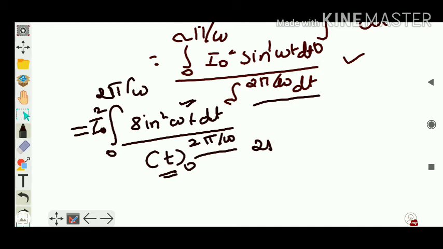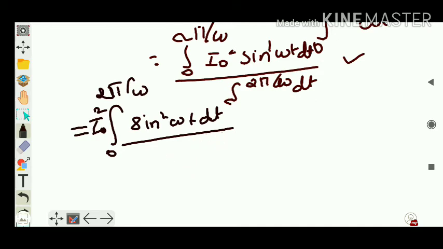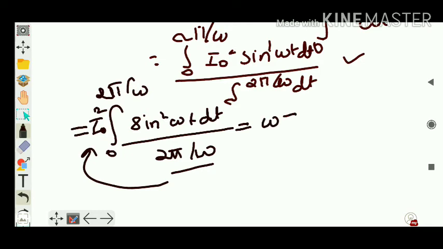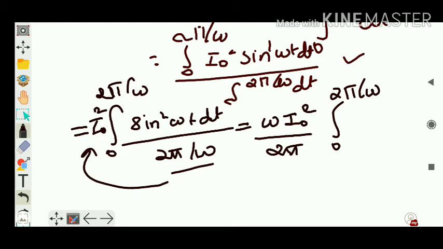Bringing this to the numerator, it becomes omega I naught squared by 2 pi, integral 0 to 2 pi by omega, then we start with sine squared omega t.